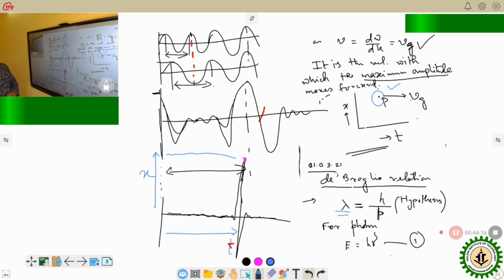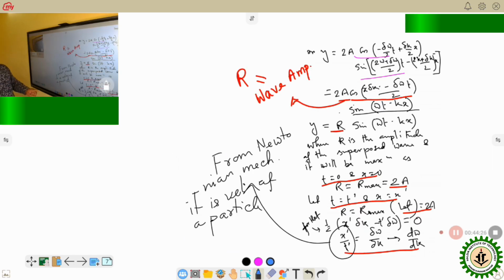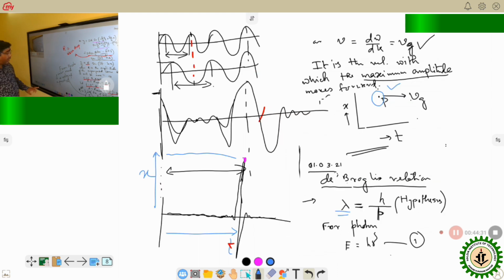So this is the logic behind the de Broglie hypothesis. The de Broglie hypothesis can only be visualized if we go through the concept of phase velocity and group velocity, and the concept of blackbody radiation, as well as the concept of Bohr theory.